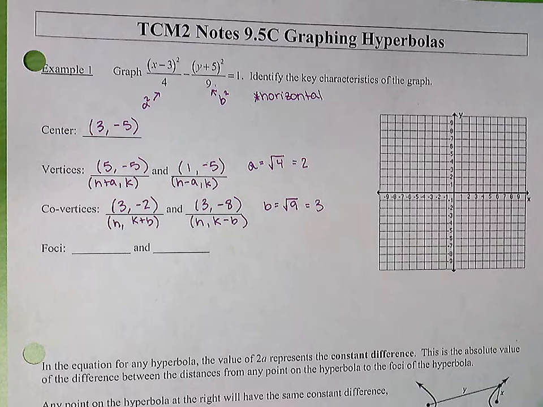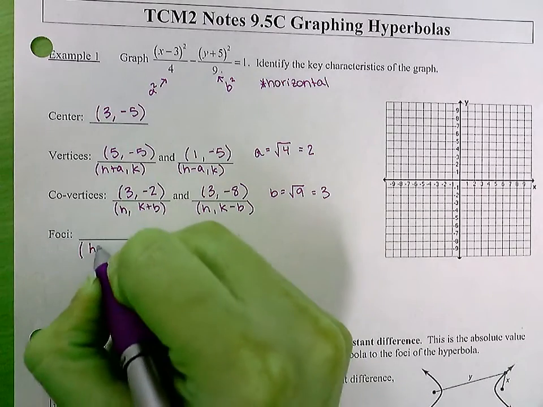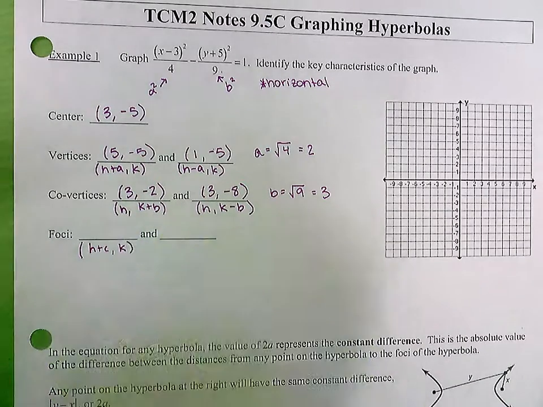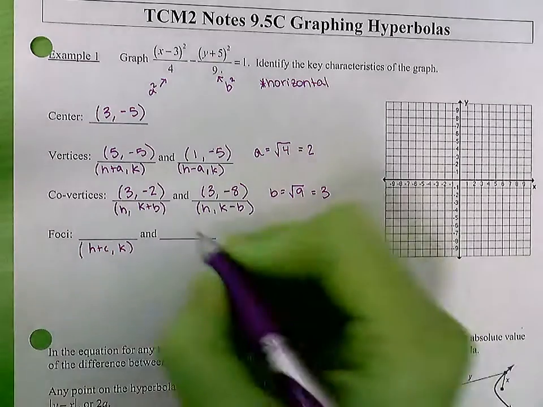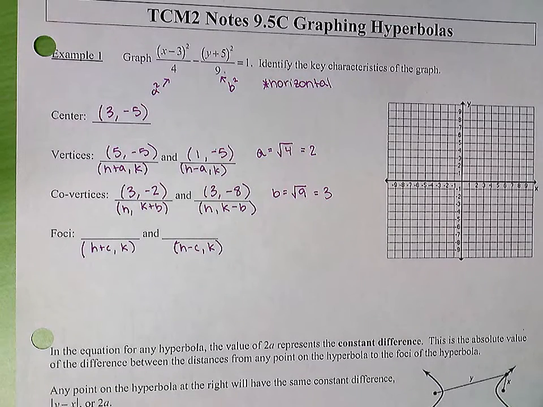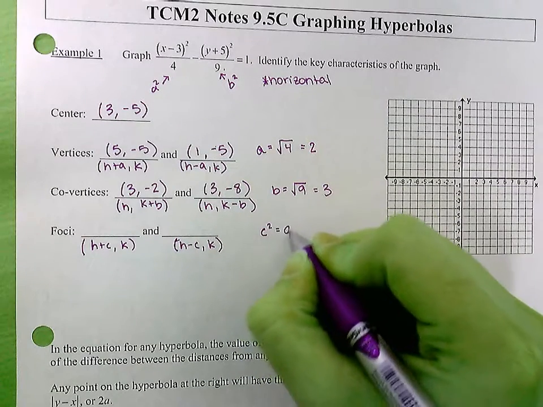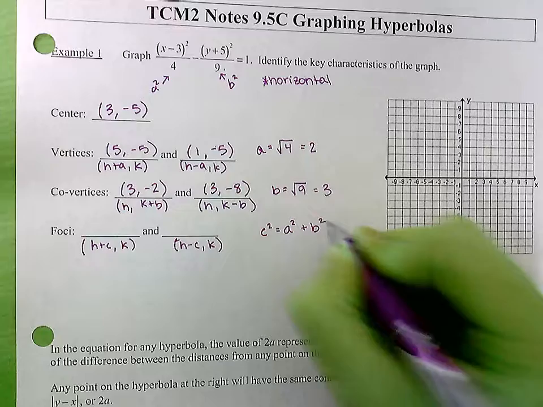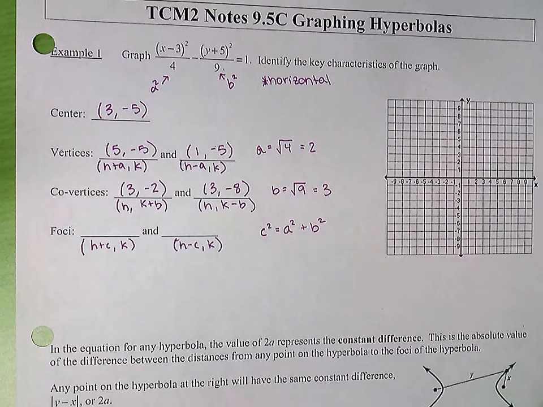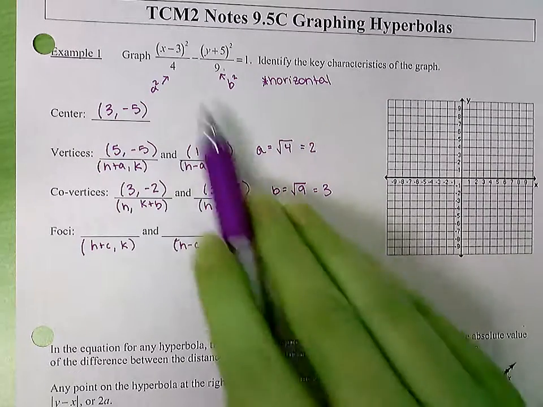Okay, next points we want are our foci points. Your foci points are at h plus c and h minus c. So to find c, we can use the equation c squared is equal to a squared plus b squared. Then I just want to plug in my a squared and b squared values.